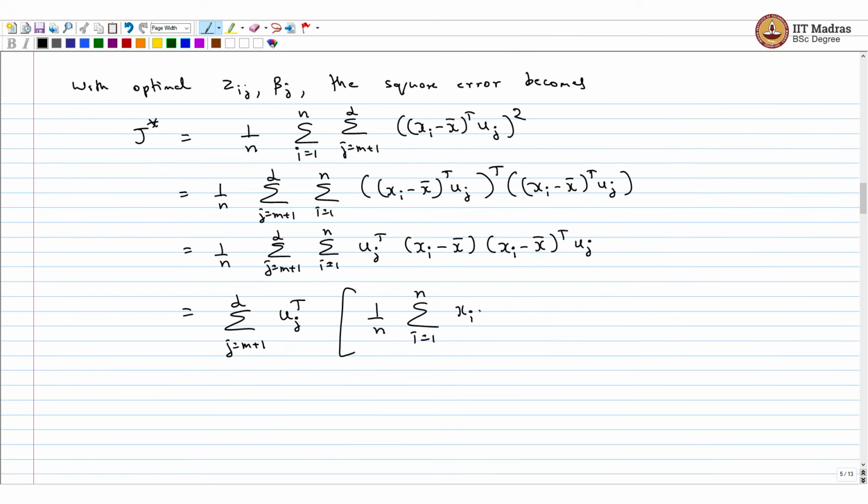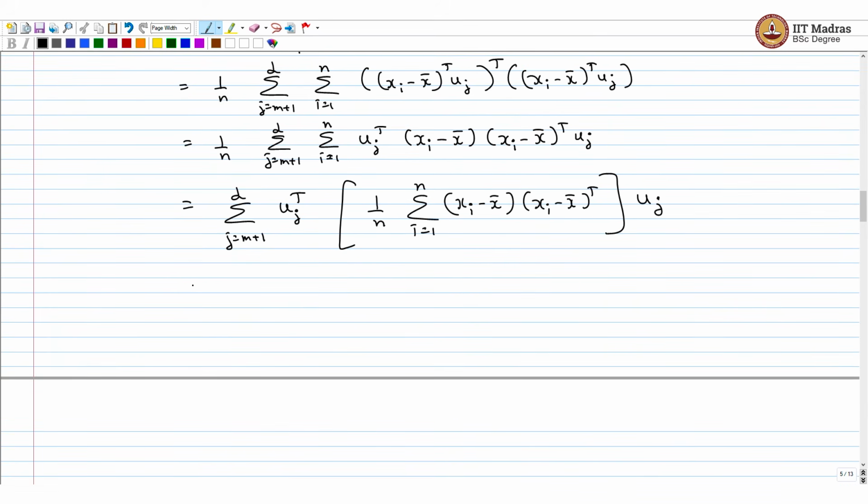This is a very important matrix that will come up now. (xi minus x bar) transpose, whole thing into uj. So I'm going to call this matrix C. Summation j equals m plus 1 to d, uj transpose C uj, where C is this matrix, which is equal to 1 by n summation i equals 1 to n (xi minus x bar)(xi minus x bar) transpose.